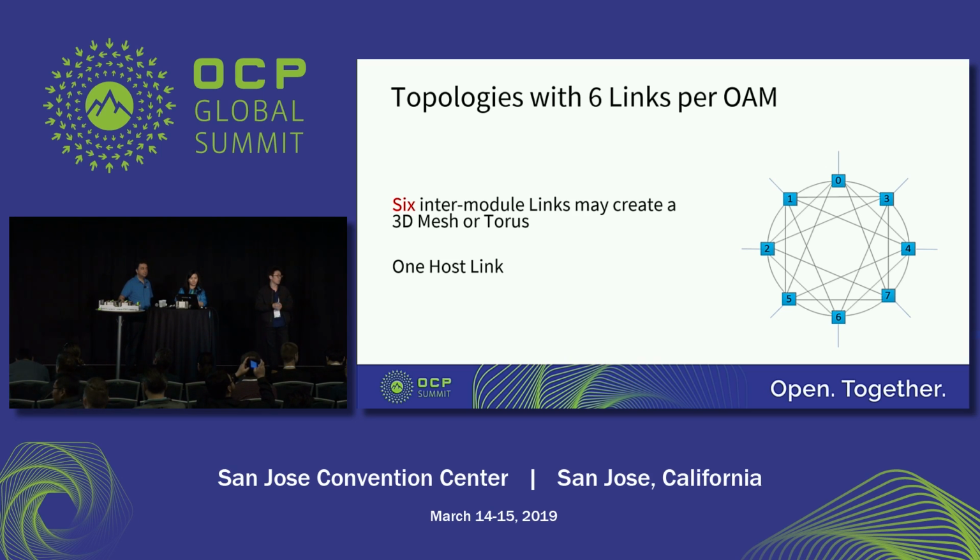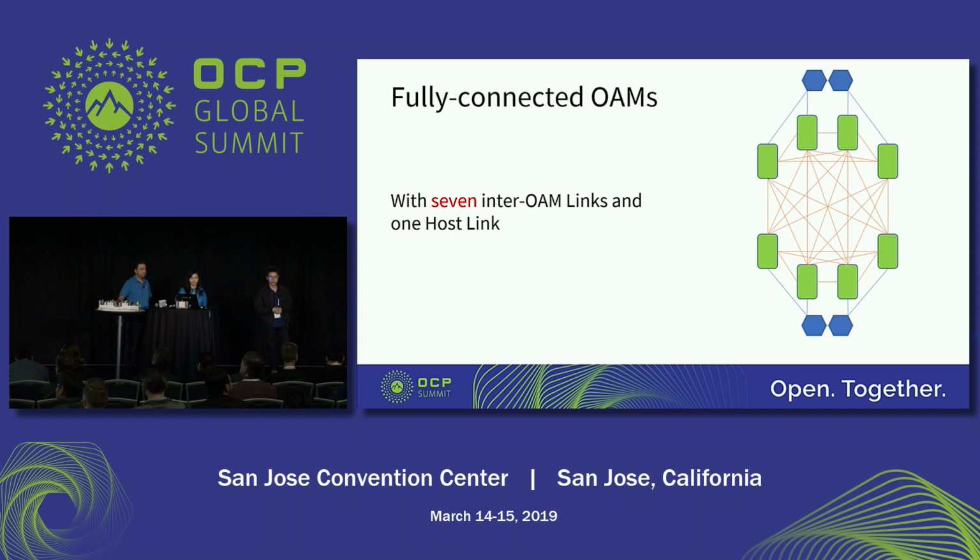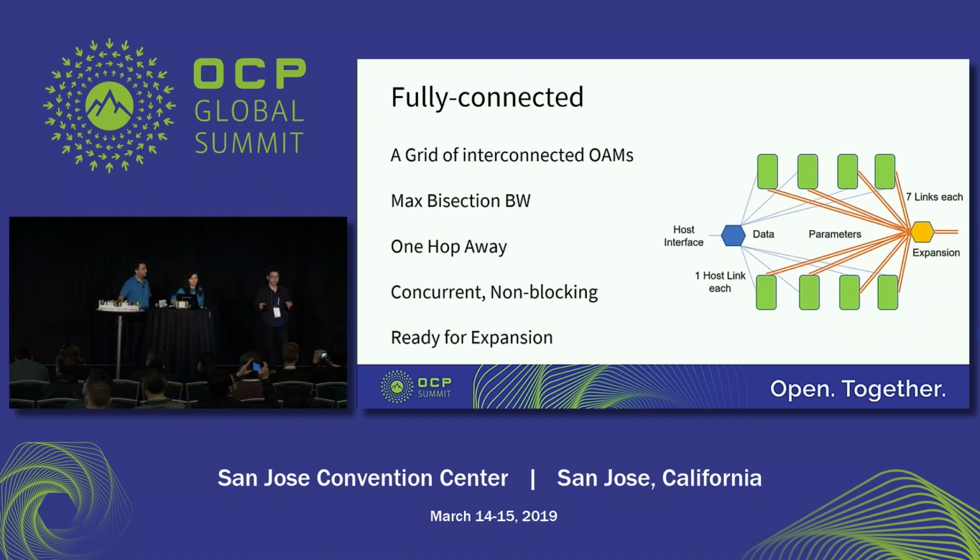And if you have the module with 6 links, then you can create a 3D mesh or torus or hypercube mesh topologies. And if you have accelerators with 7 links, you can create fully connected topologies. But the connection between them is point to point, so it's a little difficult for the solver.